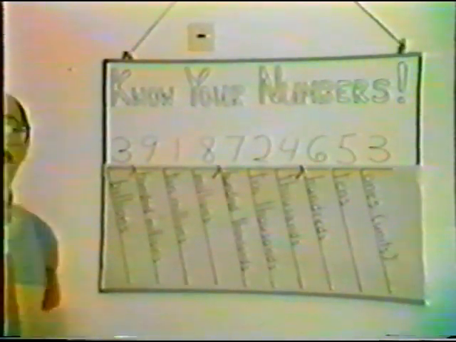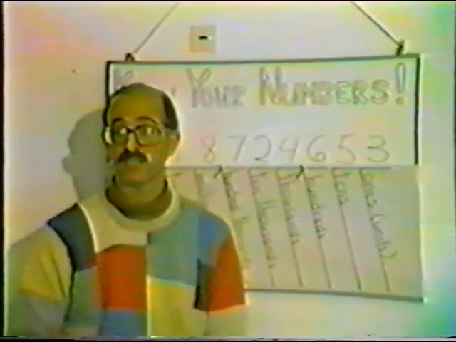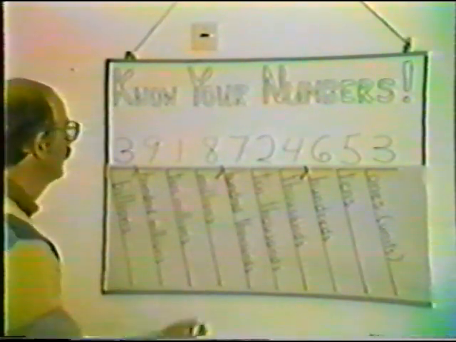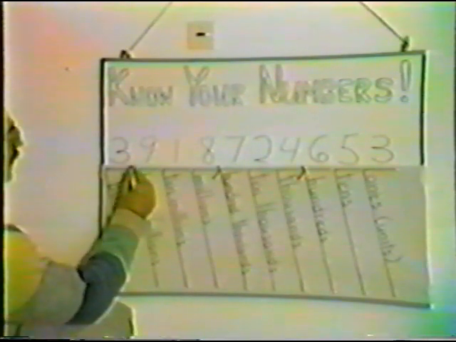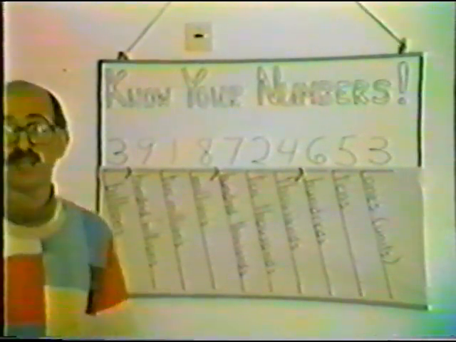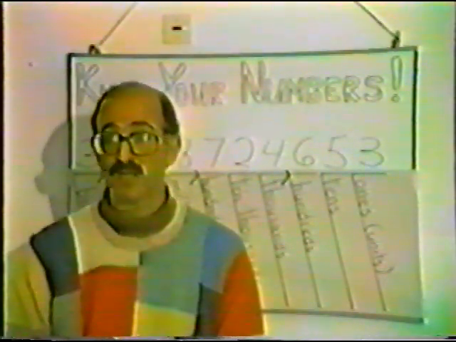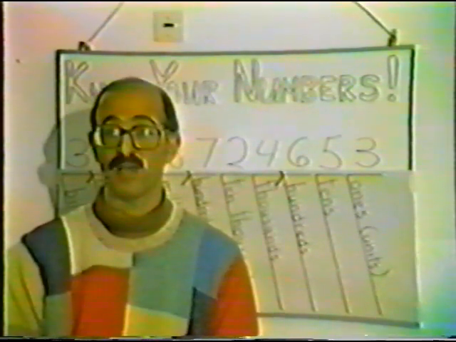And what number do we have now? 3,918,724,653. Now we've moved over another 3 places, so we have to separate our numbers with another comma. This comma right here is known as the billions comma. Now in some countries, they don't say the word billion when they have a number that large.